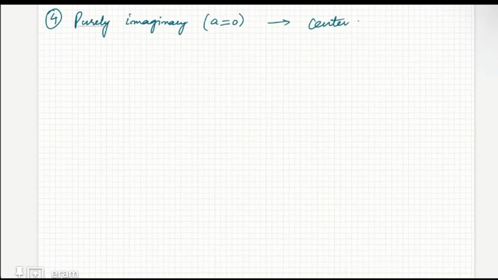Then we started with the concept called limit cycle. So what is a limit cycle? We have defined it again for a second order system.